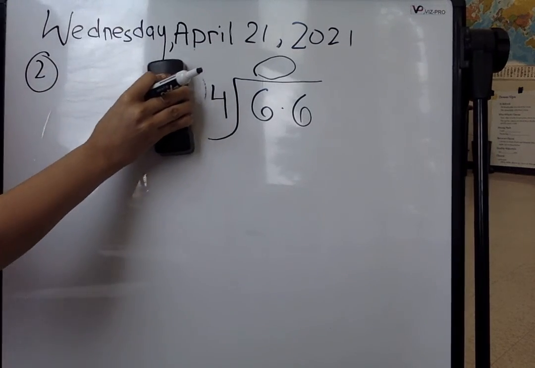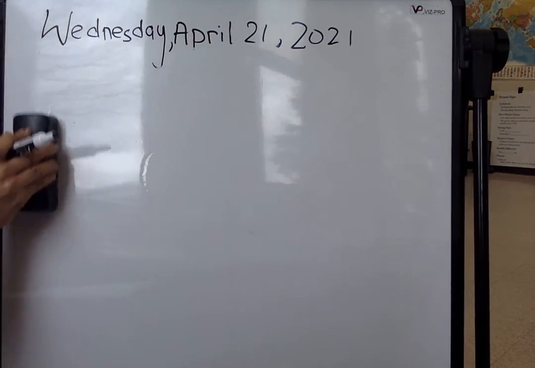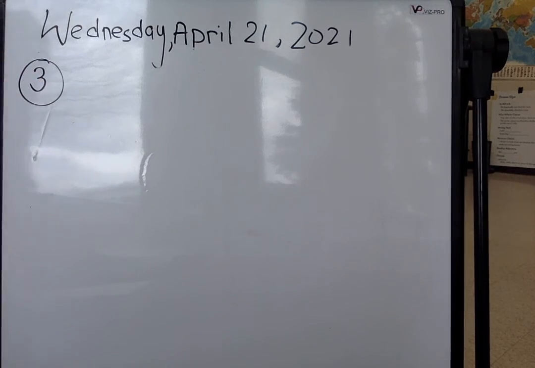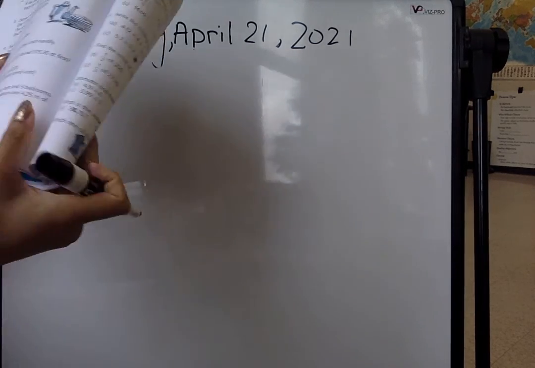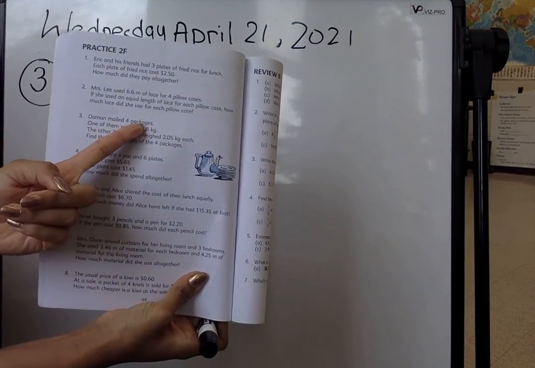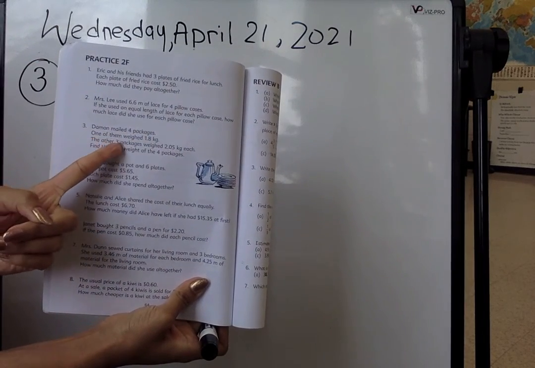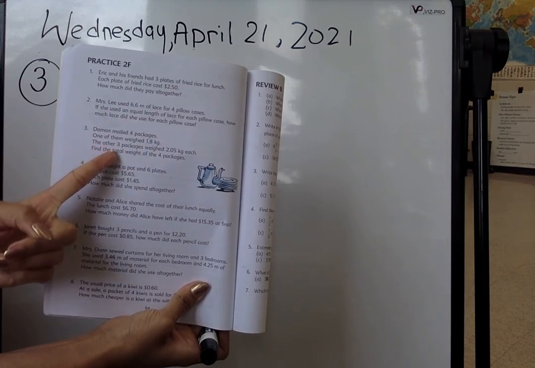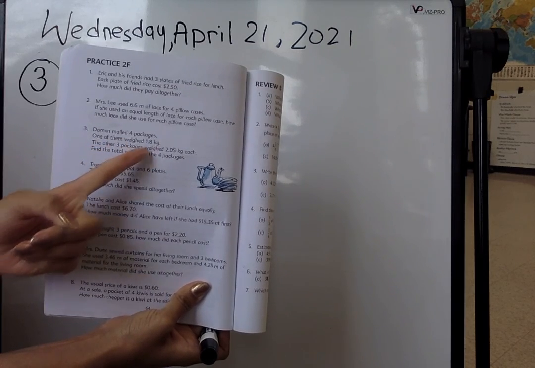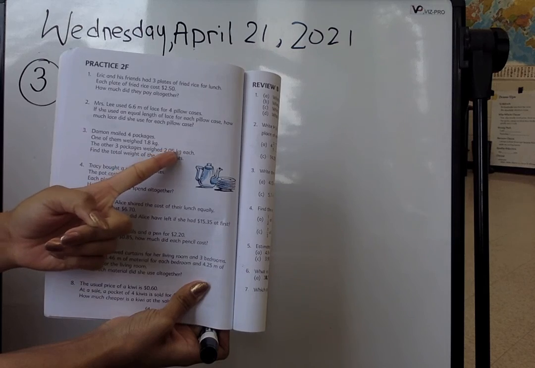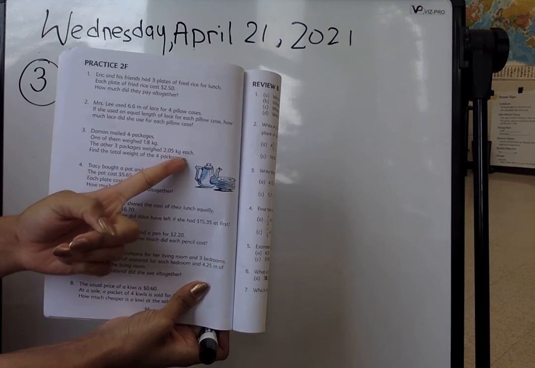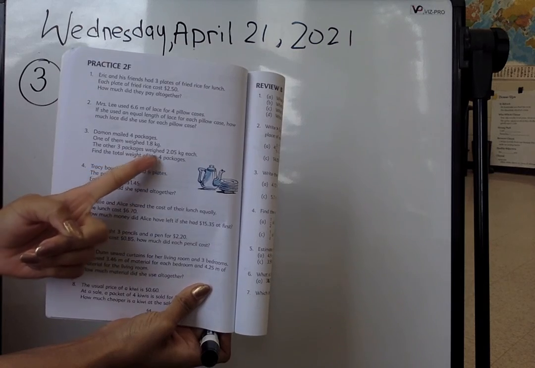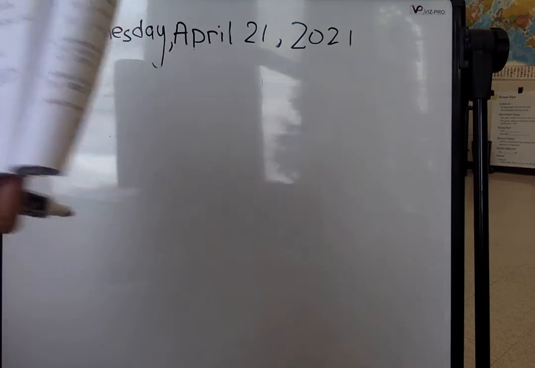Okay, let's go ahead and do question 3. Question 3 says, Damon mailed 4 packages. One of them weighed 1.8 kg. The other 3 packages weighed 2.05 kg each. Find the total weight of the 4 packages.